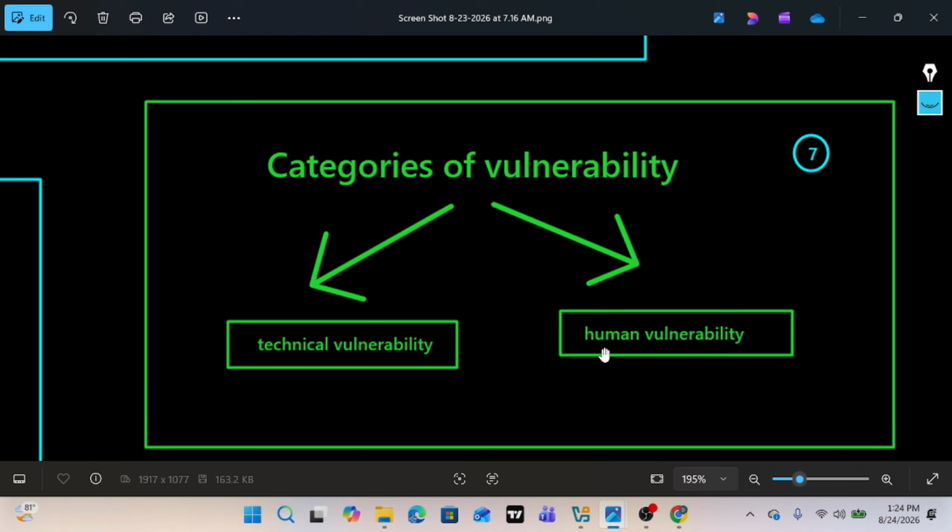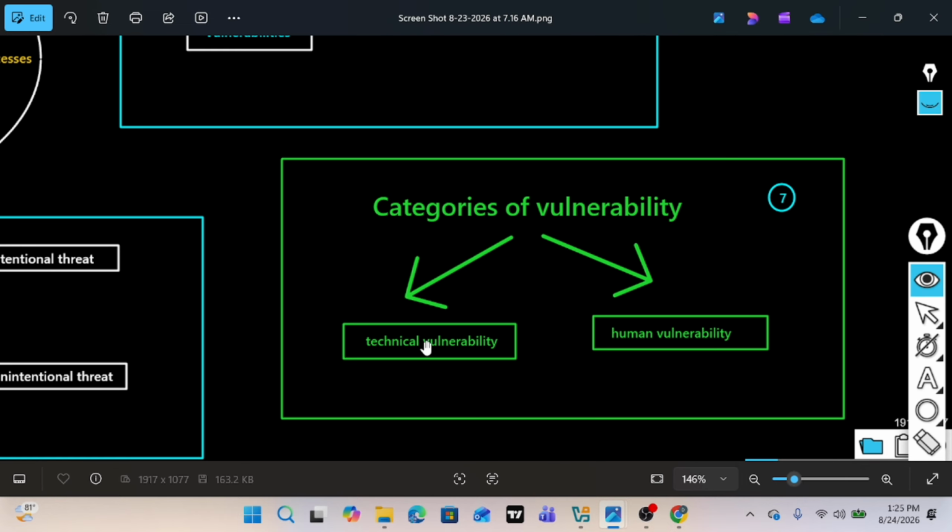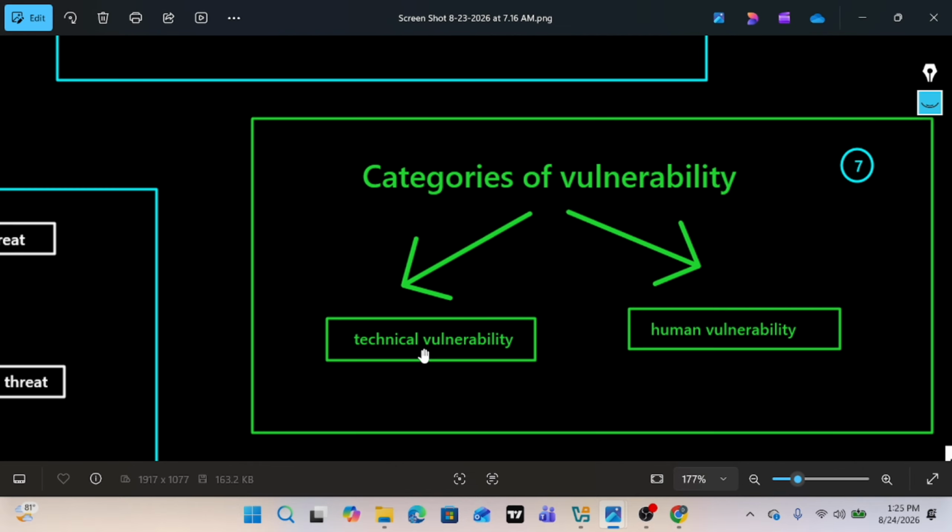I have not seen a successful attack that took place without human error, without exploitation of the human being and the exploitation of human psychology. Right? And there is also technical vulnerability, but it is rare. It is rare because most technical vulnerability still needs human error for such to actually occur.